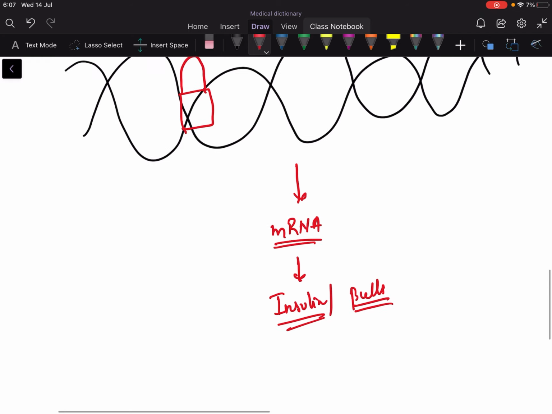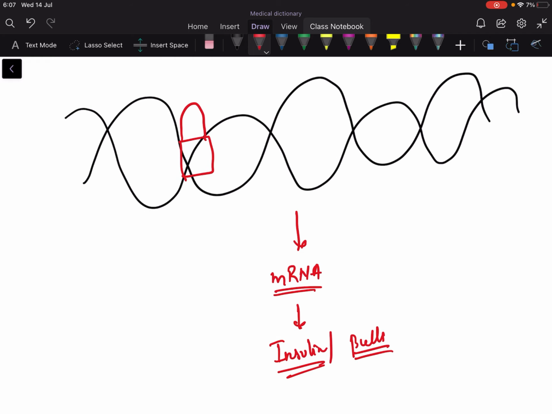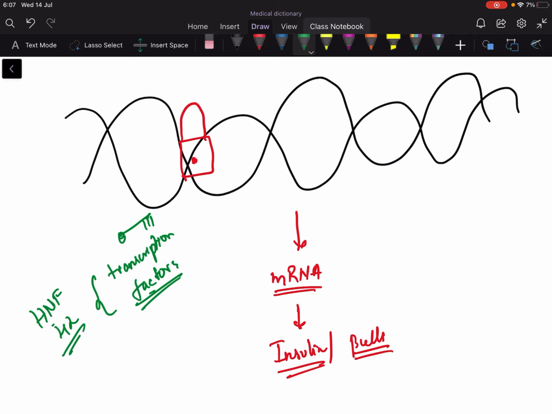So we need to open this lock. How can we open this lock? We can open this lock by the keys, which are called transcription factors, and one of the transcription factors is hepatocyte nuclear factor 4 alpha. If there is no hepatocyte nuclear factor 4 alpha present, we cannot open this lock, and there is no transcription.